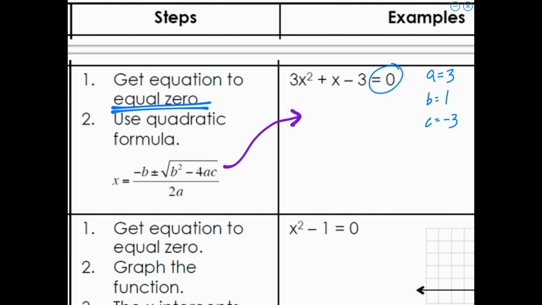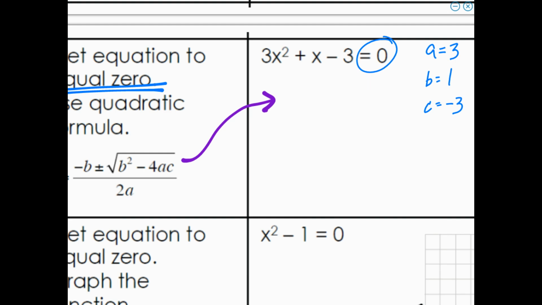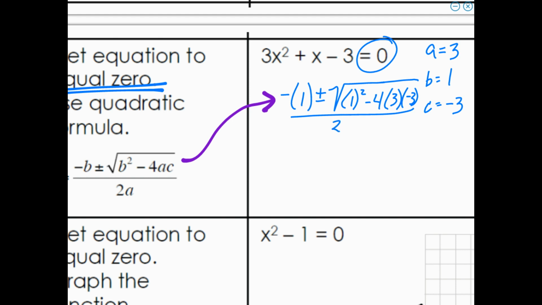So a negative, and I'm going to use the same strategy as yesterday where I have parentheses around everything that I substitute in. So negative a negative 1, because that's what my B is, plus or minus the square root of 1 squared minus 4 times 3 times negative 3 all over 2 times 3.